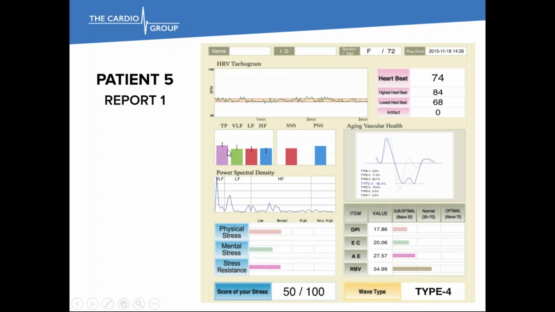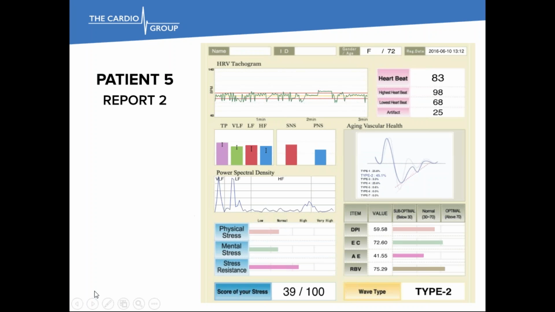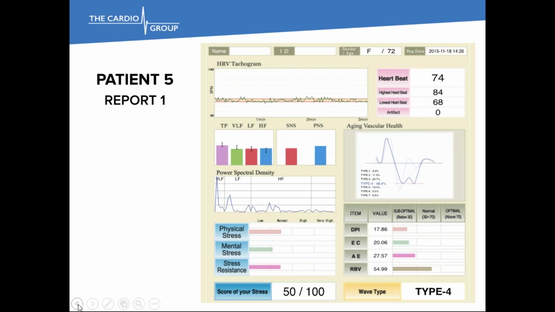When we look at power, the power is a bit down, so we'd be thinking about hormonal situations for them, as well as mitochondrial function. Parasympathetic tone is dominant, which means that they're relatively zen. Physical stress is normal, mental stress is low, and stress resistance is normal. So this is a person with a stress score of 50.